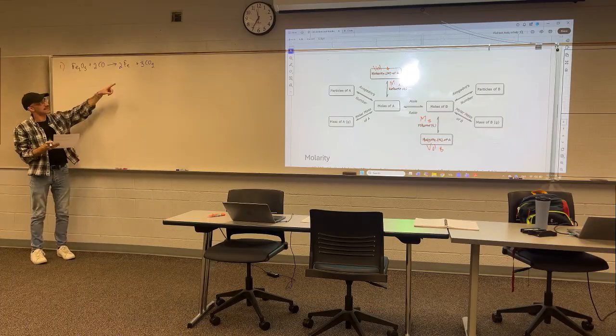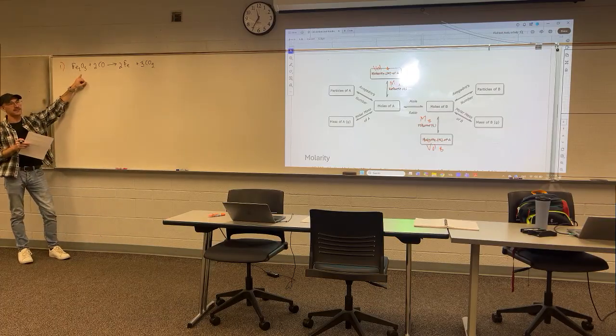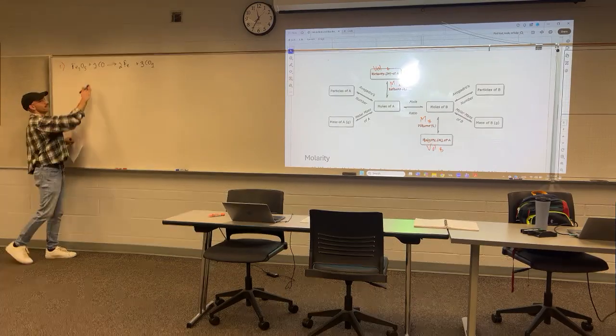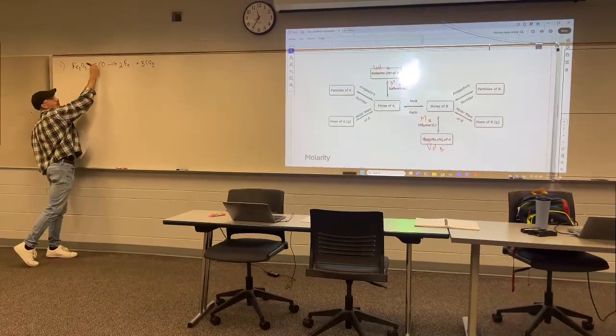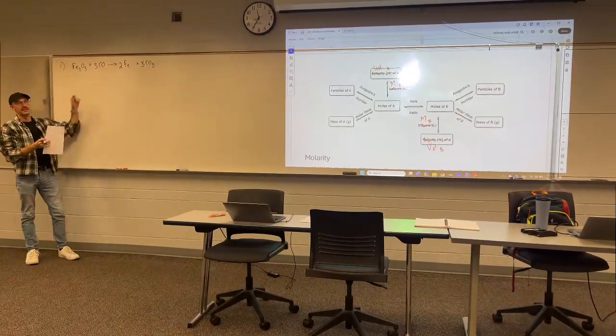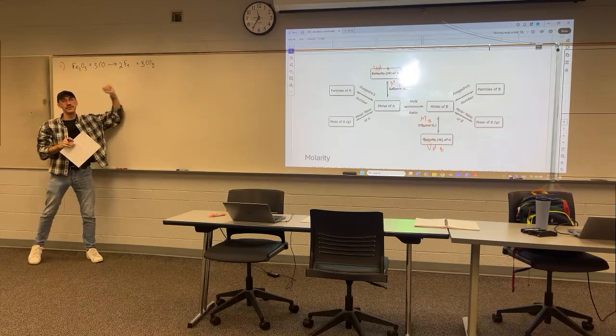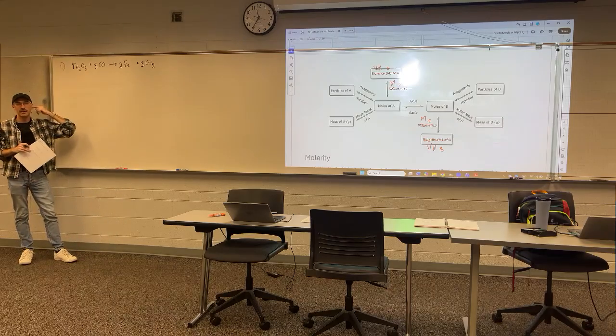How can I get 6 oxygens on the left? Here's 3. This is a source of an odd number of oxygens. So coefficient 3 here. 3 and 3 is 6. 3 and 2 is 6. The vibes are weird.